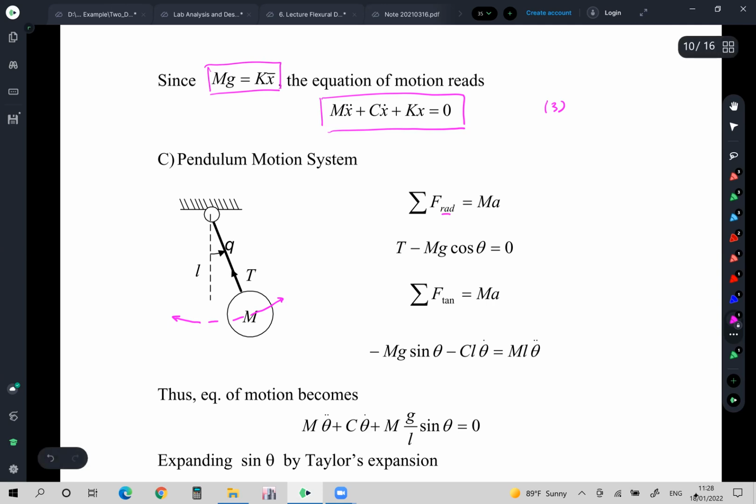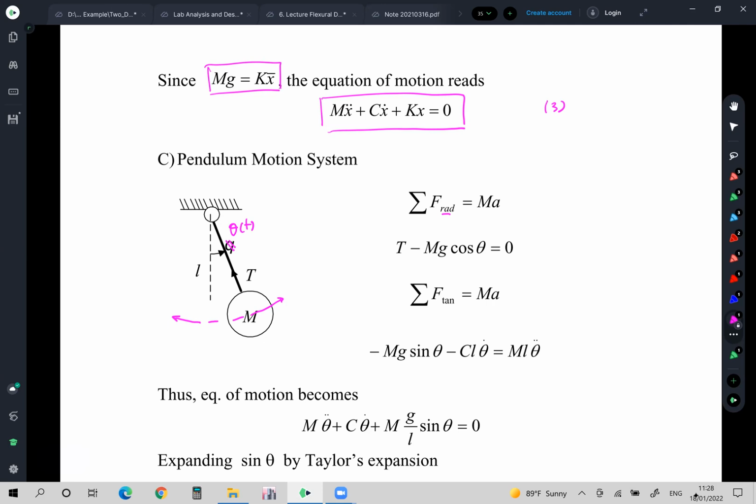Summation of forces along the radial direction equals ma. So you get T, I'm sorry, this one you should change to theta, and theta is a function of time t. T minus mg cosine theta equals 0.